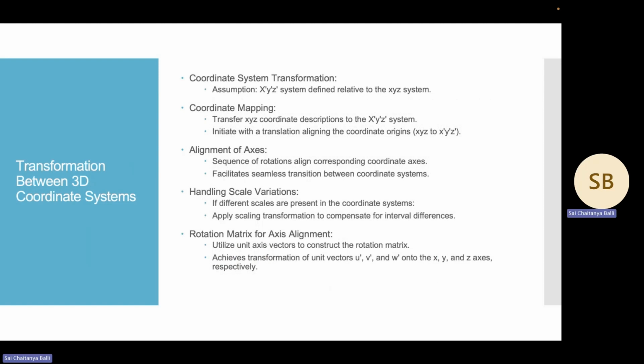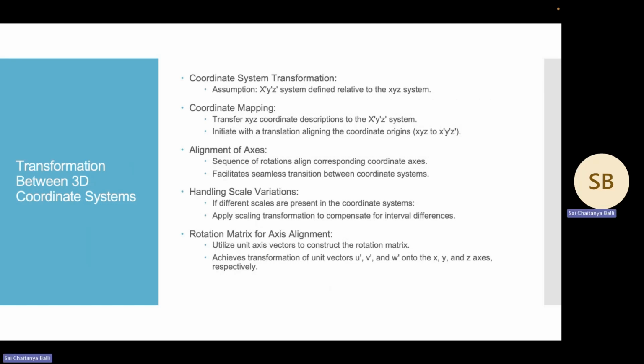Coordinate system transformation assumption is an assumption that the x dash y dash z dash system is defined relative to the xyz system. Coordinate mapping means transferring XYZ coordinate descriptions to the X dash, Y dash, Z dash system.